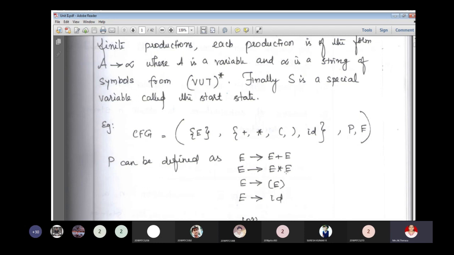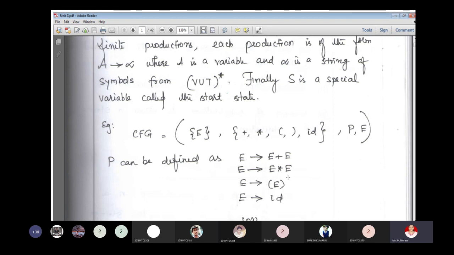So E star E, or else you may have the open parenthesis and any expression. This expression may be with the plus operator, or with the star operator, that is the multiplication operator, then the closed parenthesis, or the expression may be simply any identifier.